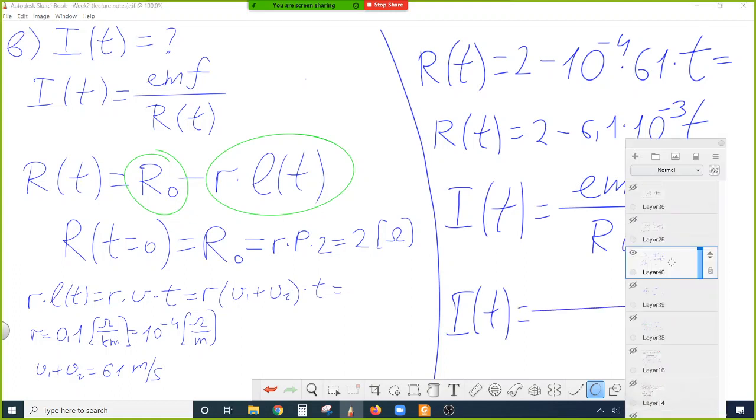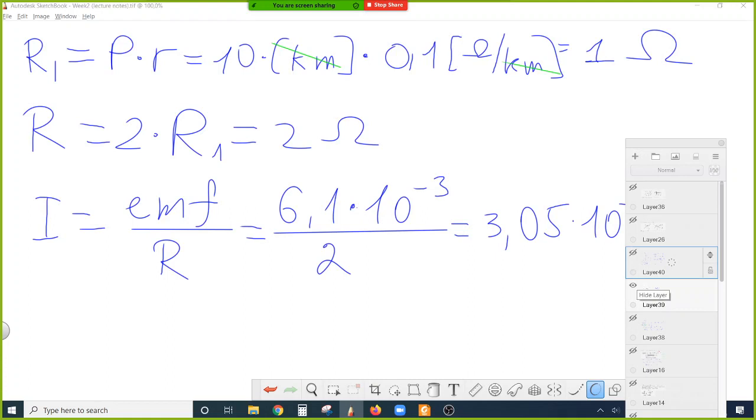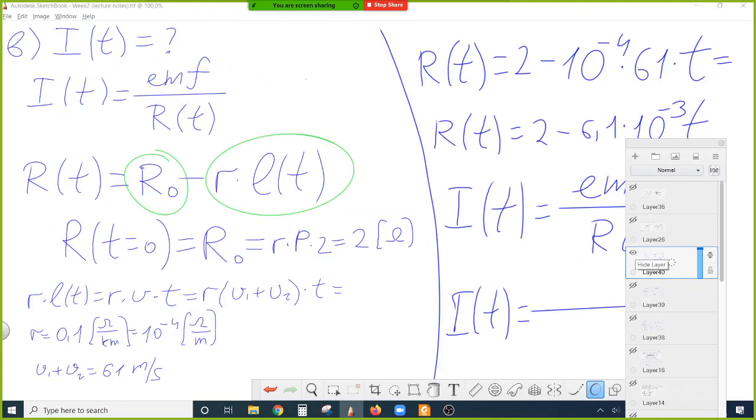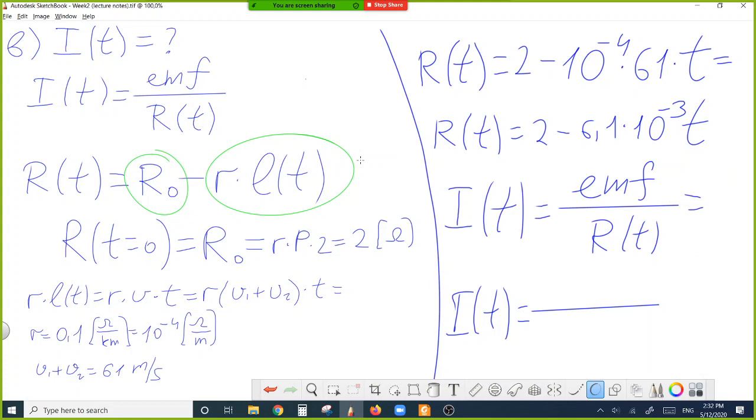The electromotive force was equal to 6.1 times 10 to minus 3, so the current is 6.1 times 10 to minus 3 over R(t), which is 2 minus 6.1 times 10 to minus 3 t.